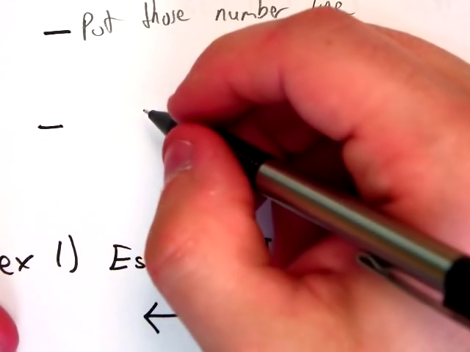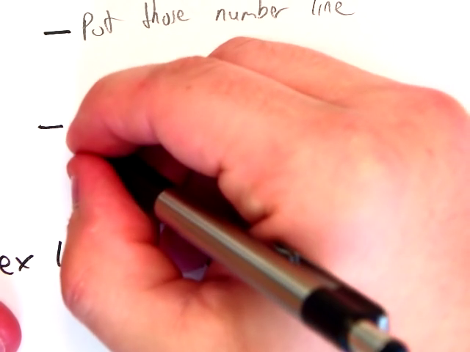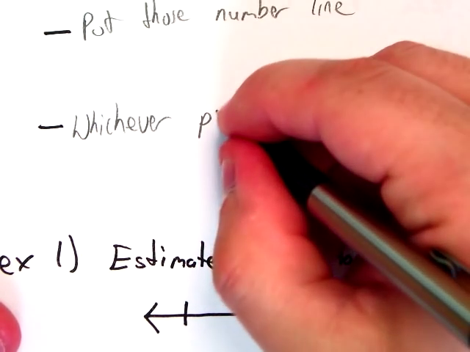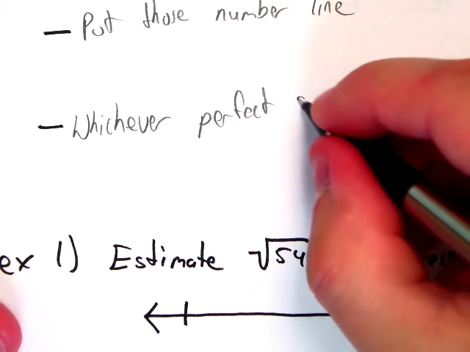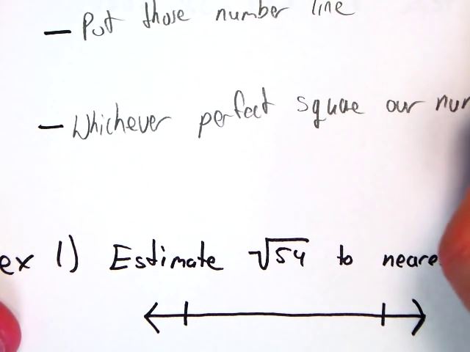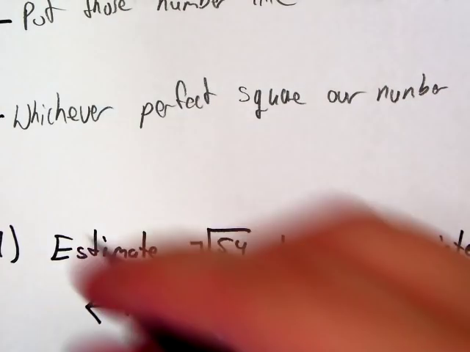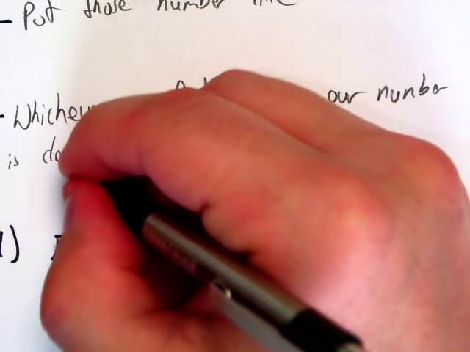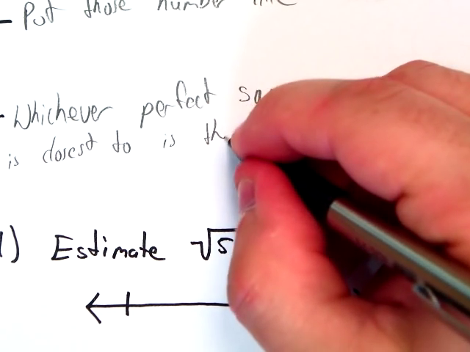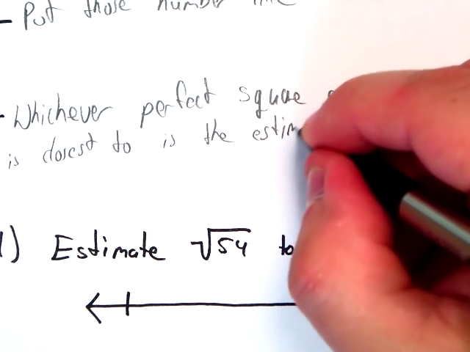And then the last part is whichever perfect square our number is closest to is the estimate.